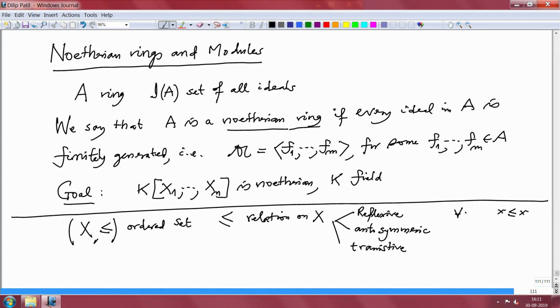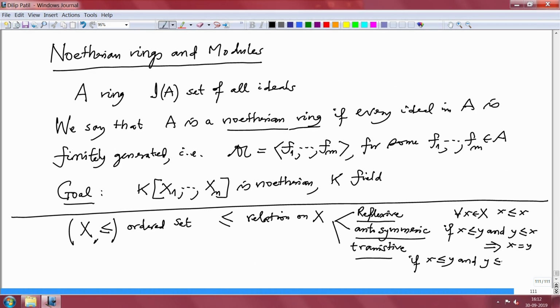Antisymmetry: if x is less than or equal to y and y is less than or equal to x, then x equals y. This is true for all x and y. Transitivity: if x is less than or equal to y and y is less than or equal to z, then x is less than or equal to z.